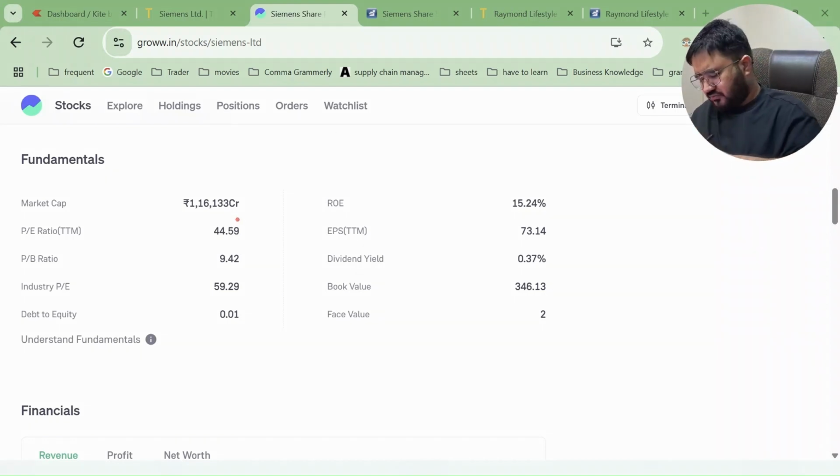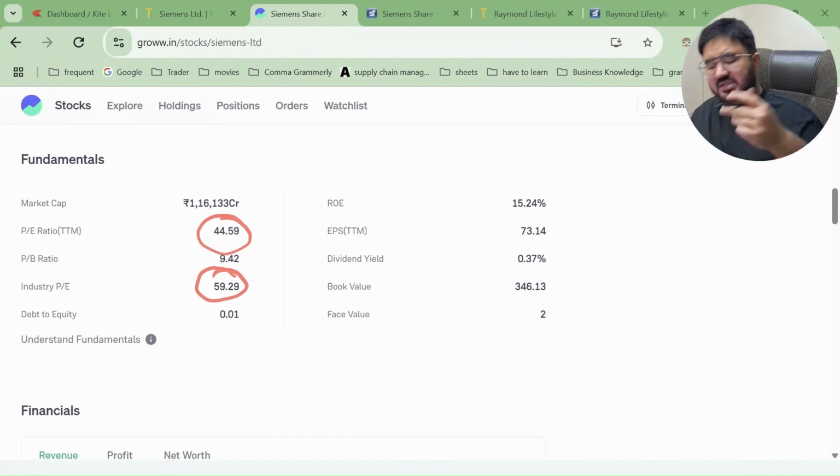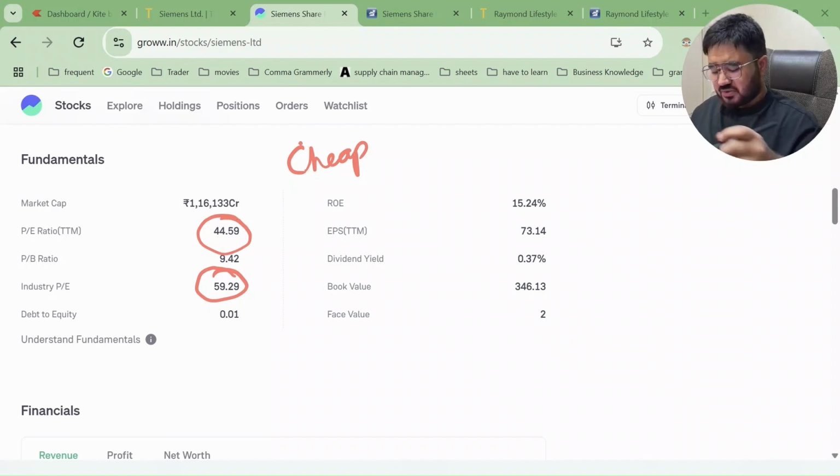And when we compare it with its industry, its competitors as a whole, then it's cheap. Like, 44 is less than the industry, so it's cheap, right?